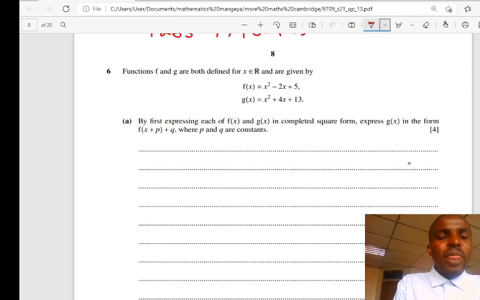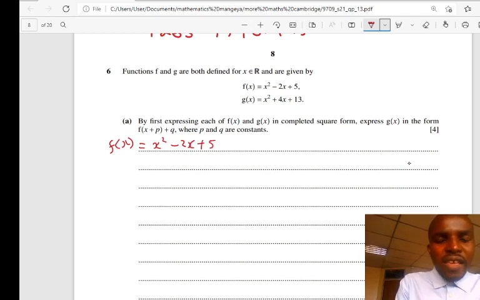You say here, for f of x, let me take f of x first, which is x squared minus 2x plus 5. On this one, we have this one, and we have this one.